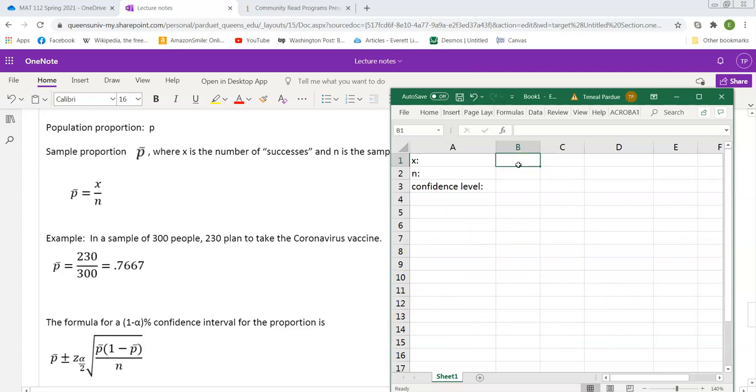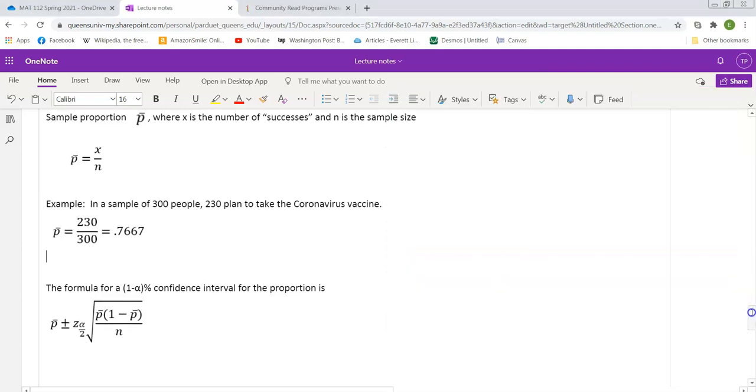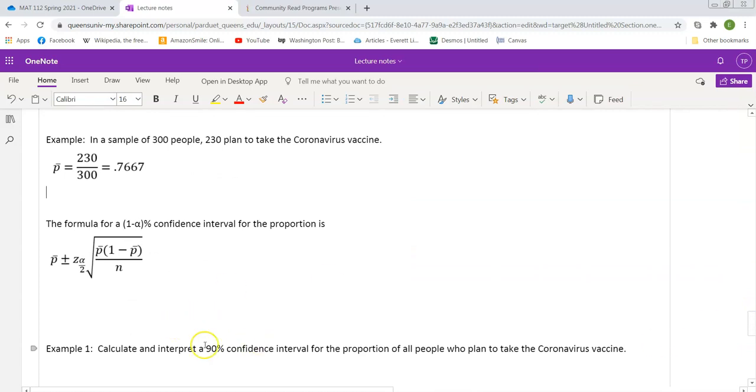X in this problem is 230, or you may need to calculate that based on 76.67% of 300. Make sure you round that to the nearest whole number. N is 300. And in our problem, we want 90%.